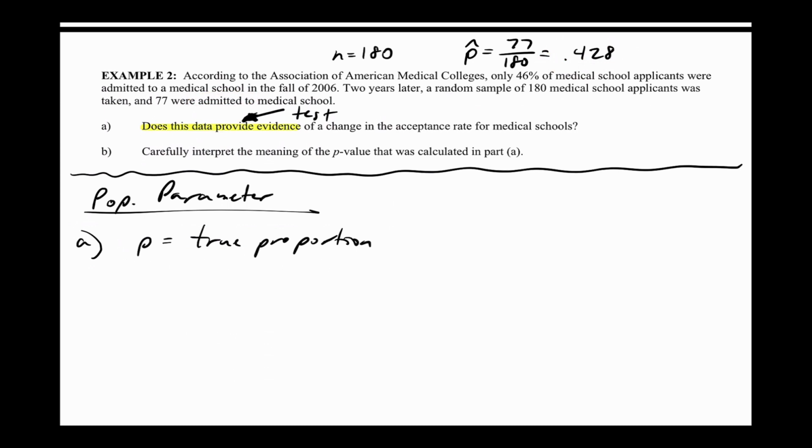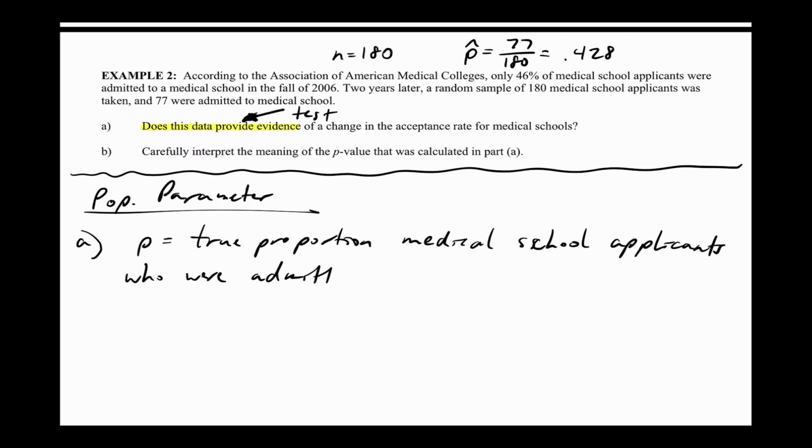Then who is P? The true proportion of medical school applicants who were admitted to med school.